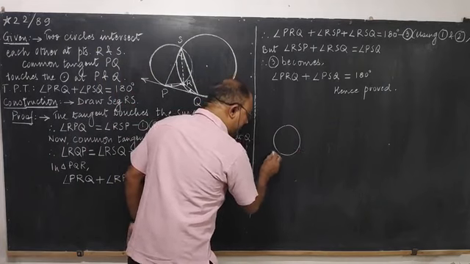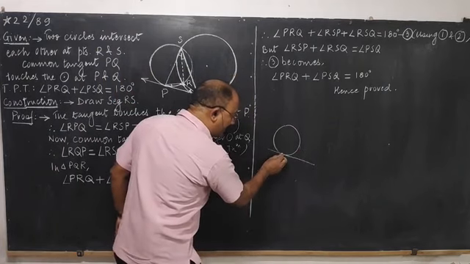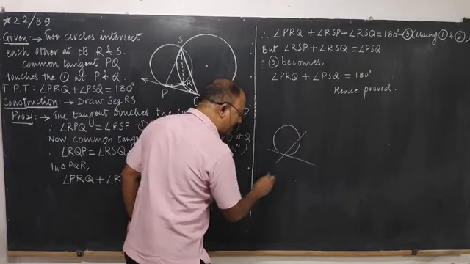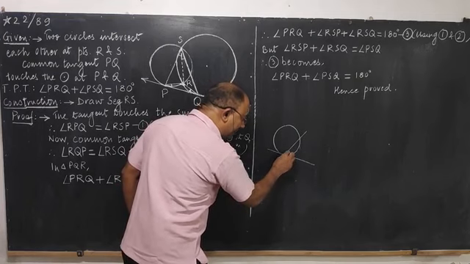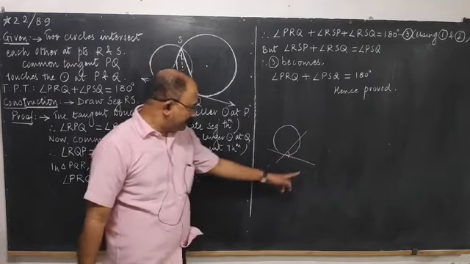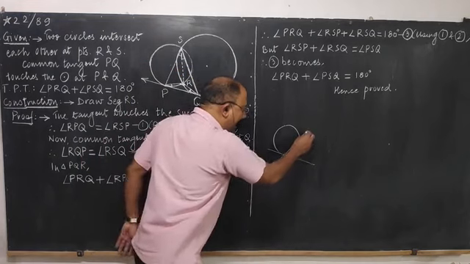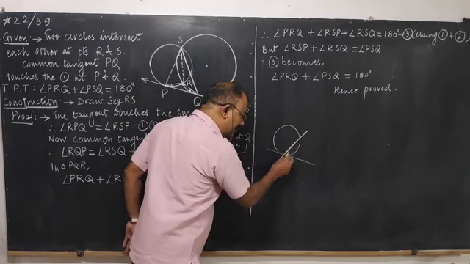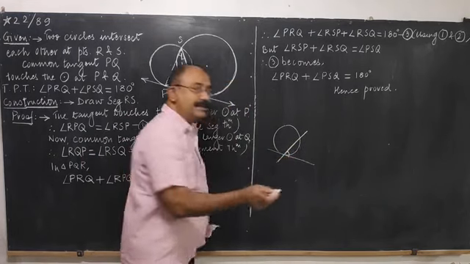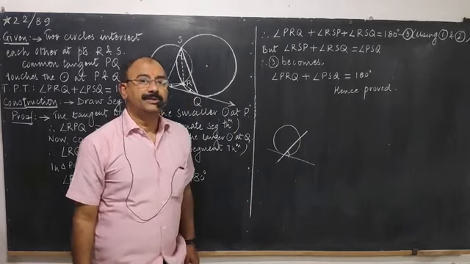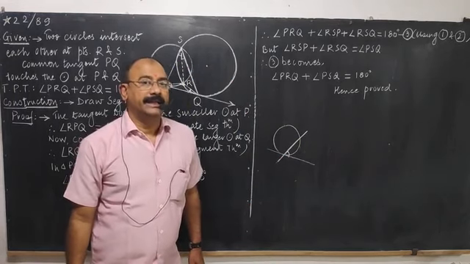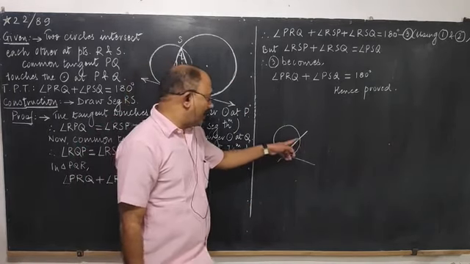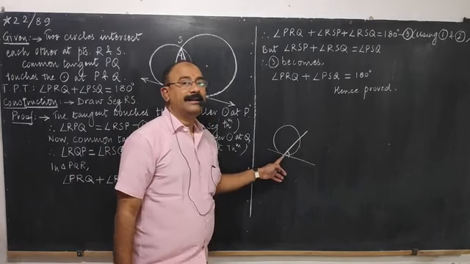If a line touches the circle and through the point of contact, if you draw a secant, then the angle between the tangent and the secant, this angle is congruent to the angle inscribed in the alternate arc.